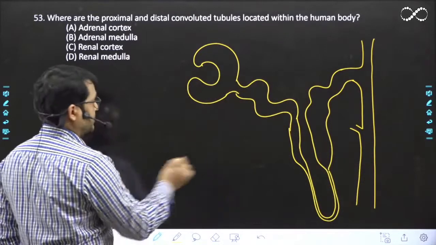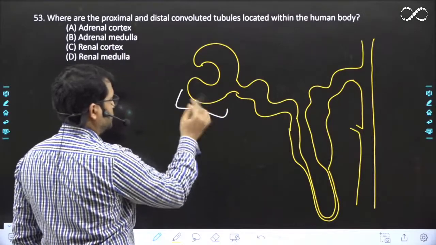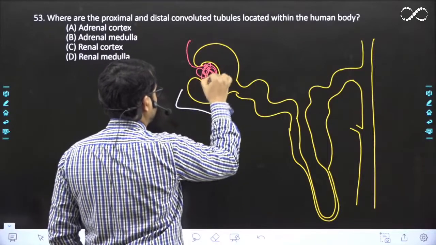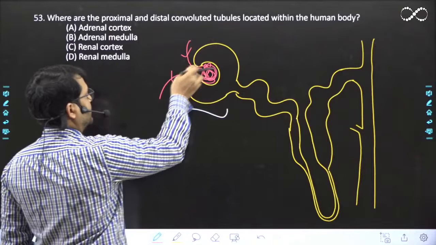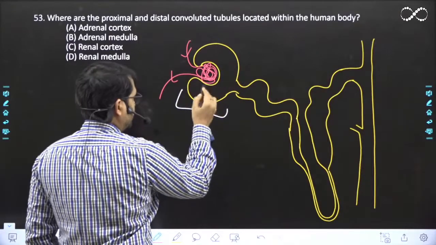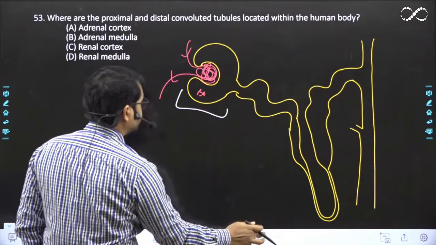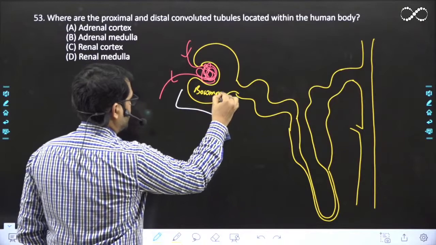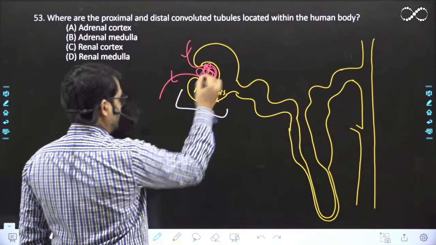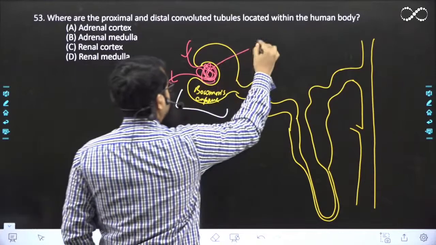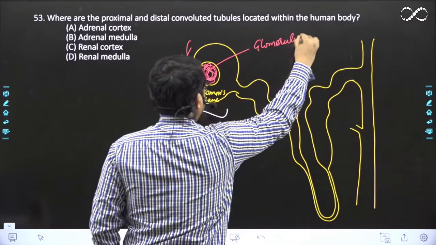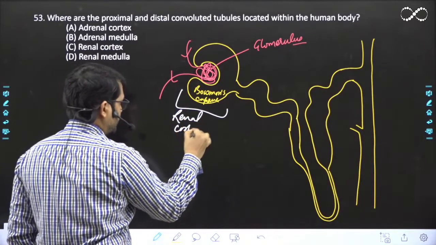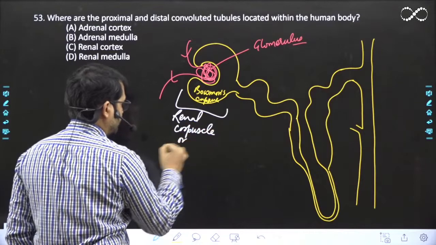And if we look at the different parts of it, this is the Bowman's capsule, okay? And in the Bowman's capsule, there is this afferent arteriole, efferent arteriole, this is glomerulus. This is Bowman's capsule. The red one is glomerulus. And these two together form the renal corpuscle or the Malpighian body.